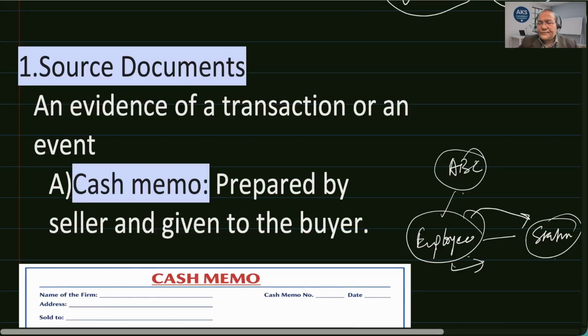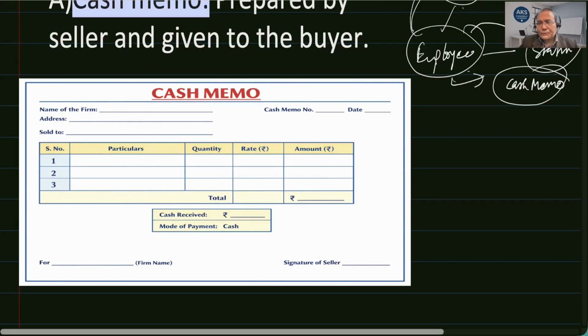In turn, the shop owner hands over a cash memo which has certain details: the cash memo number, the date, the serial number, and correspondingly the items bought, the count, the rate, and the total amount, and against it how much cash. If supposedly this is 1000 rupees, then cash of 1000 rupees is received, and this is made in cash or maybe even by cheque as well.